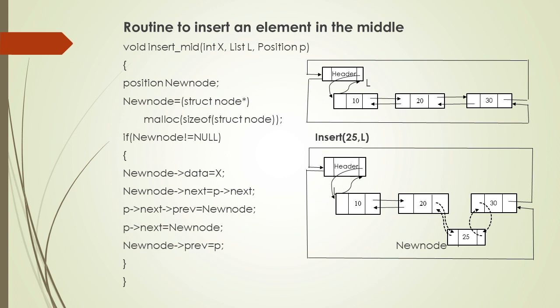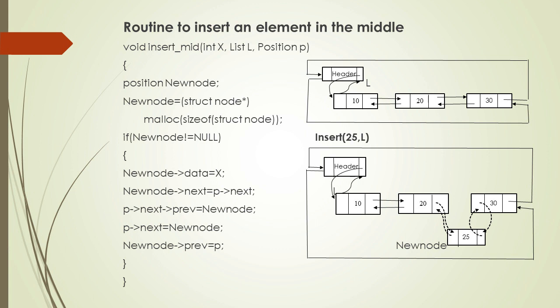Routine to insert an element in the middle. Void insert mid (int x, list L, position P). Position new node. Where we are inserting the new node, we have to position in the previous node.